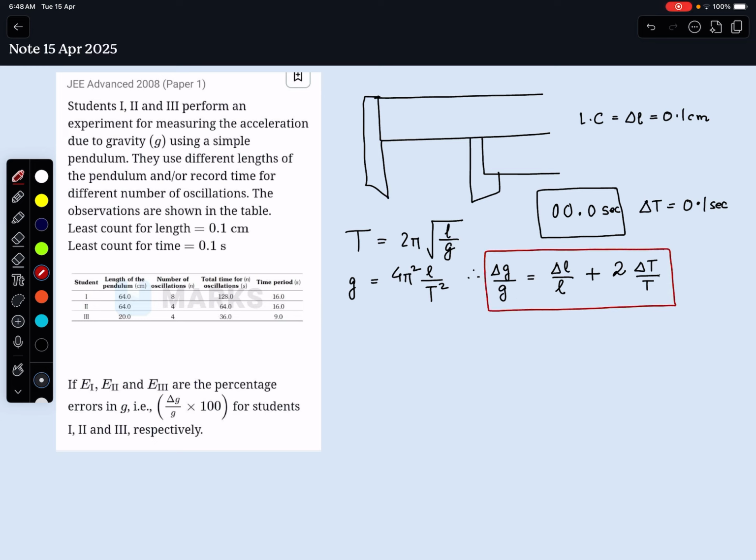Now we will calculate in case 1, case 2 and case 3.